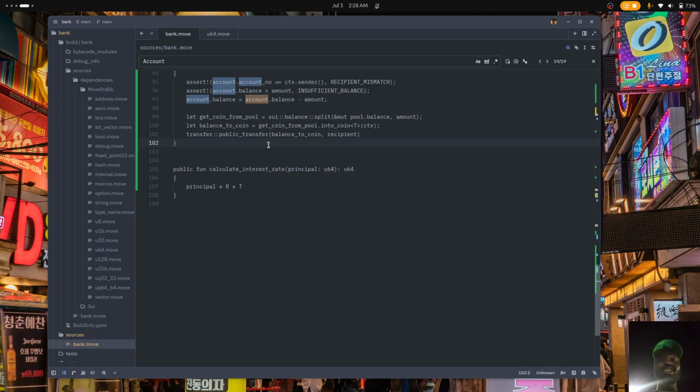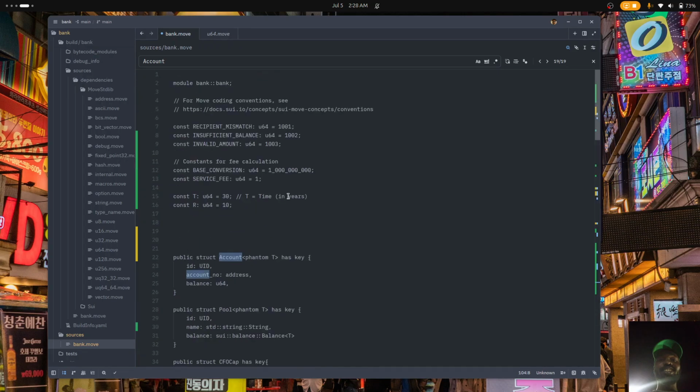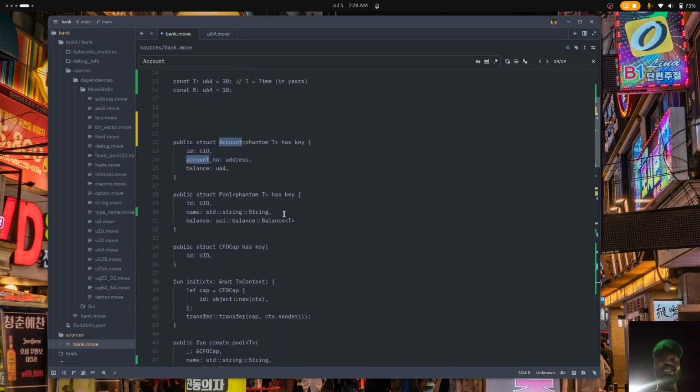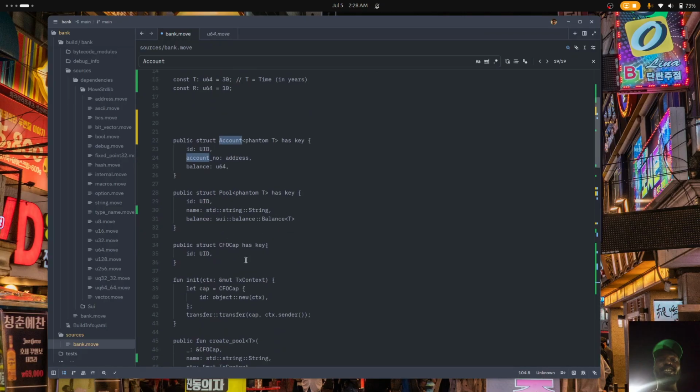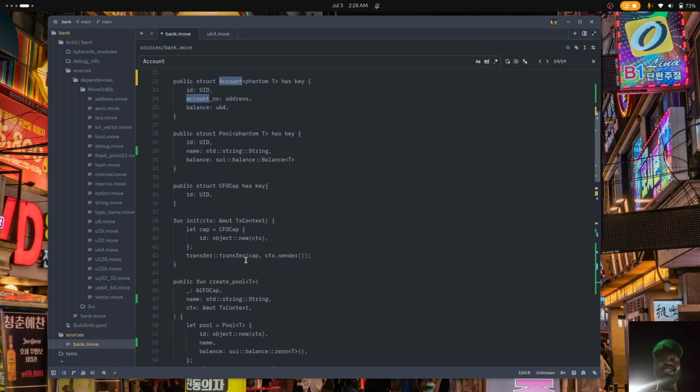So there are certain customers that have to be given this loan, so I have to write a function that I can only call as an admin. Did I create any admin area or admin cap? Let me check. So CFO cap, but then this now has to be about the CFO creating an admin for managers.